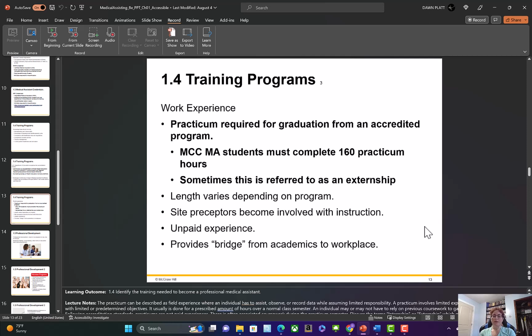If you are in just the medical administrative assistant program or the degrees, it is not required that you participate in a practicum. It is only for the medical assistant program. Each accrediting board determines the amount of time that a student must spend in the practicum, but under the CAAHEP accreditation, it's required that students perform 160 hours.